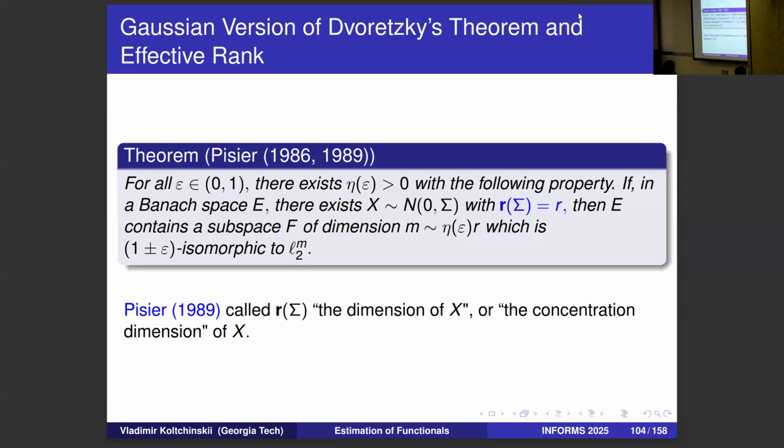Pisier was working on this in the 80s and gave a certain Gaussian characterization of this property, and the quantity that determines the dimension of the subspace that you can find in your Banach space was exactly the effective rank of the Gaussian covariance. So that's just a remark that things in this world are related one to another.